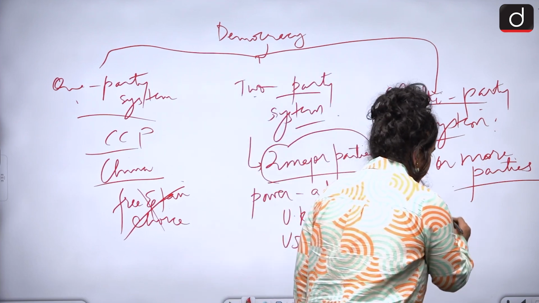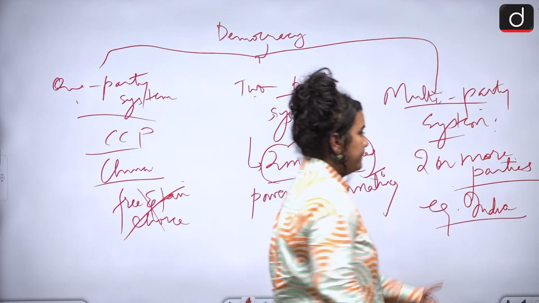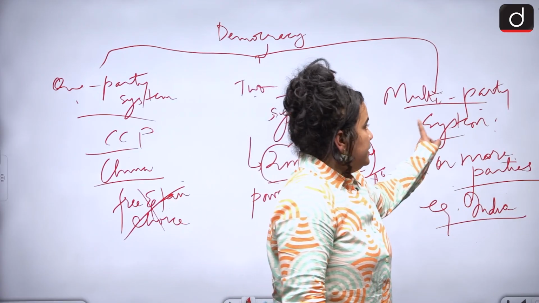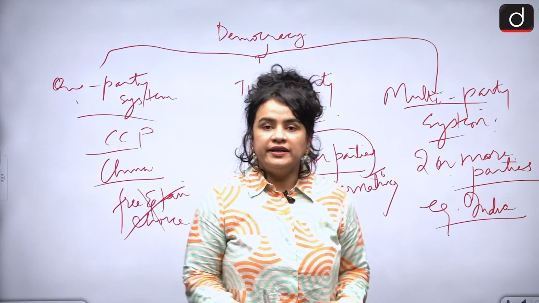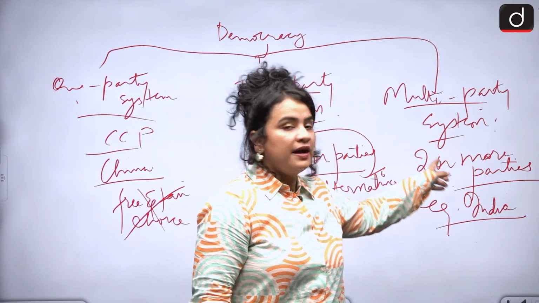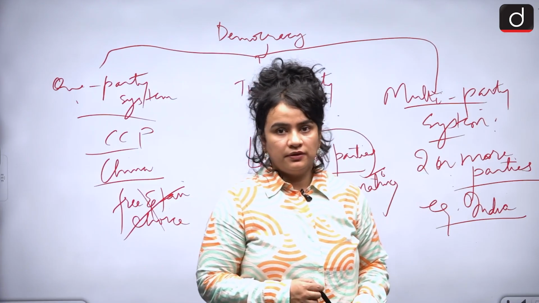And our country, India, is a case of a multi-party system. Now, it gives a lot of weightage to the aspirations of different people, because different political parties represent the aspirations of different people.